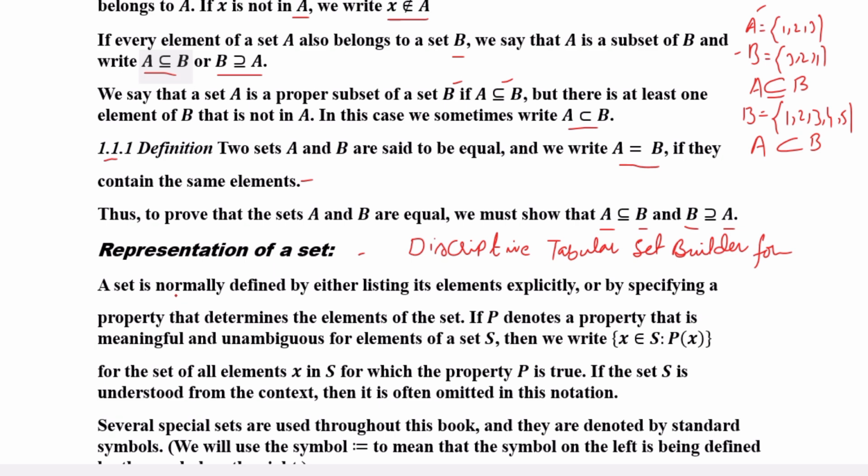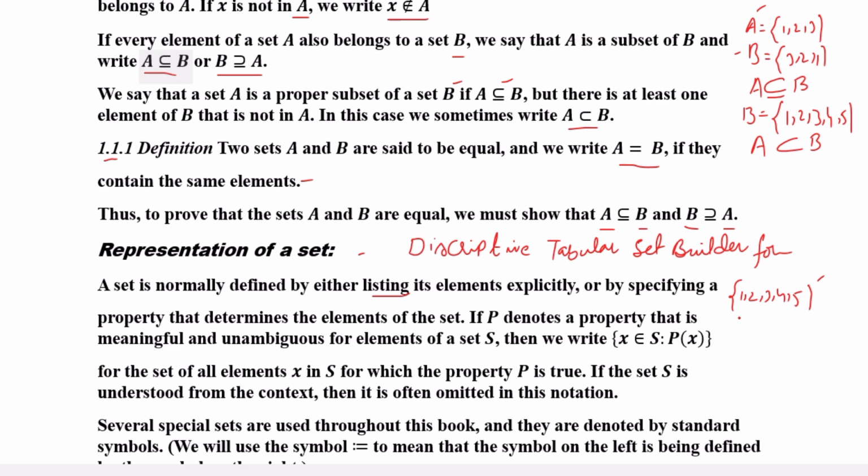A set is normally defined by either listing its elements, that is the tabular form. In tabular form, you always represent a set by listing its elements. For example, when you say the set of first 5 natural numbers, then you can list it as 1, 2, 3, 4, 5. So this is the tabular form of the set of first 5 natural numbers.